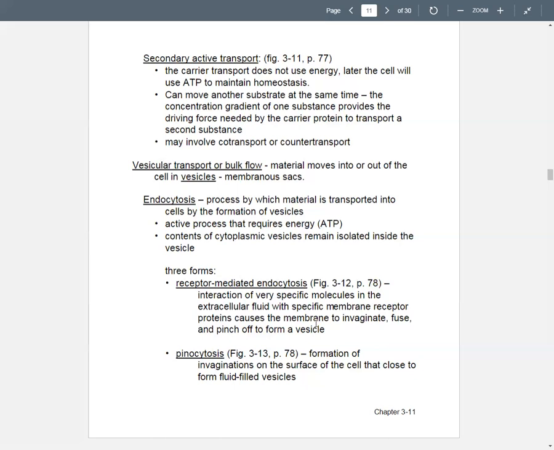You have receptor-mediated endocytosis. That just means that there's a receptor involved in sensing things on the outside of the cells. So you have specific receptors that look for specific molecules.